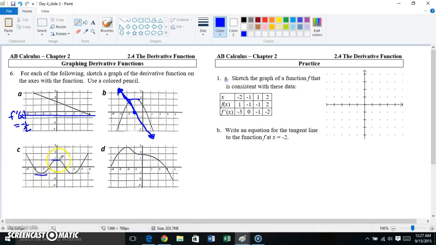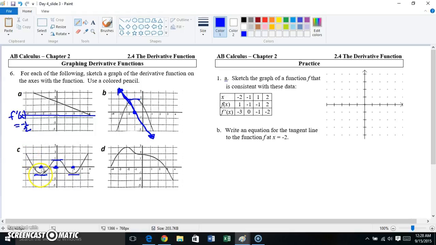Part C. Okay, draw those horizontal tangents first. Mark those points on the x-axis. We're indicating that the slope of the function is 0 at those maxes and mins. What are the slopes from negative 4 to negative 2?